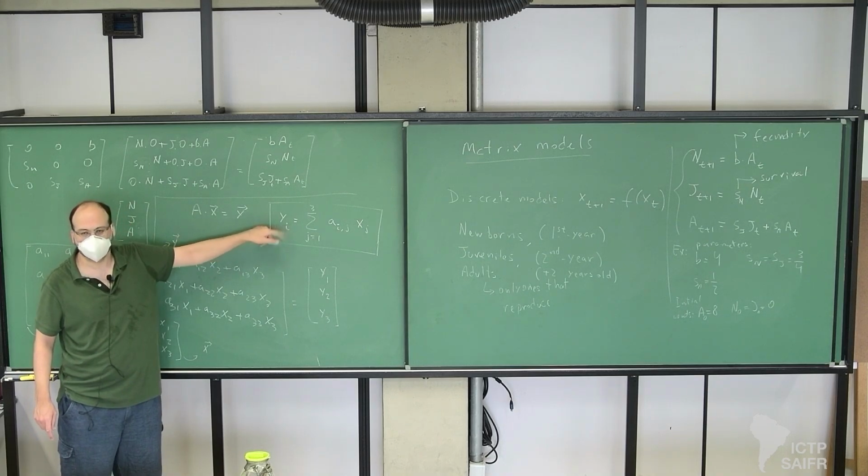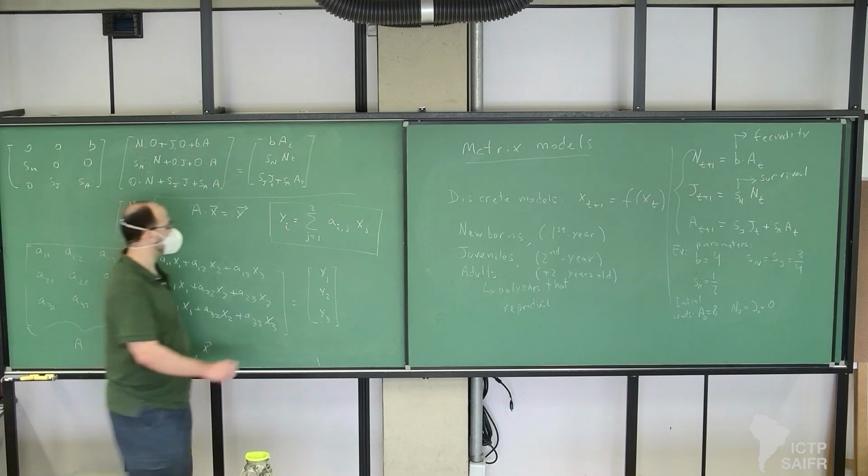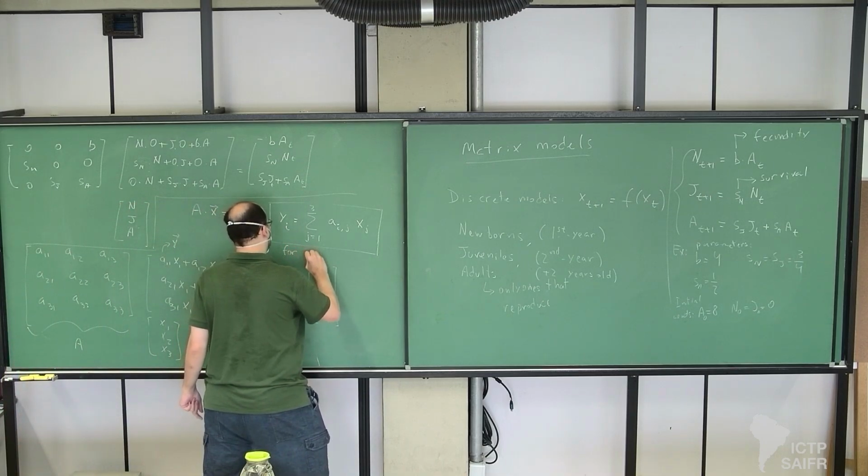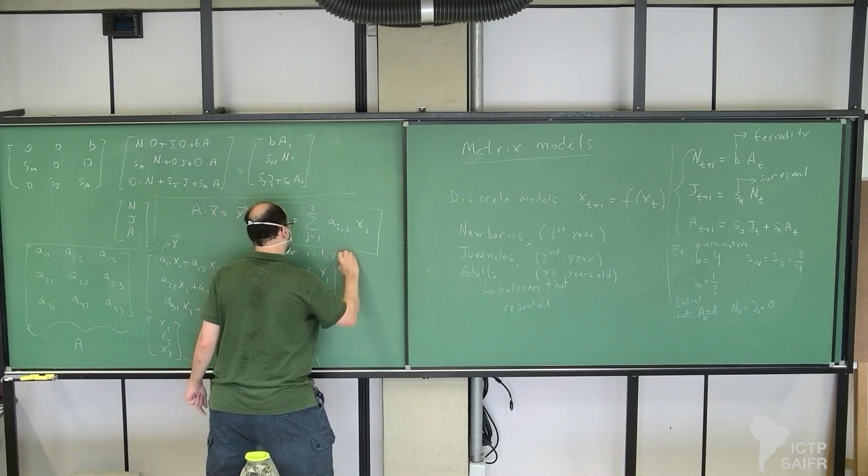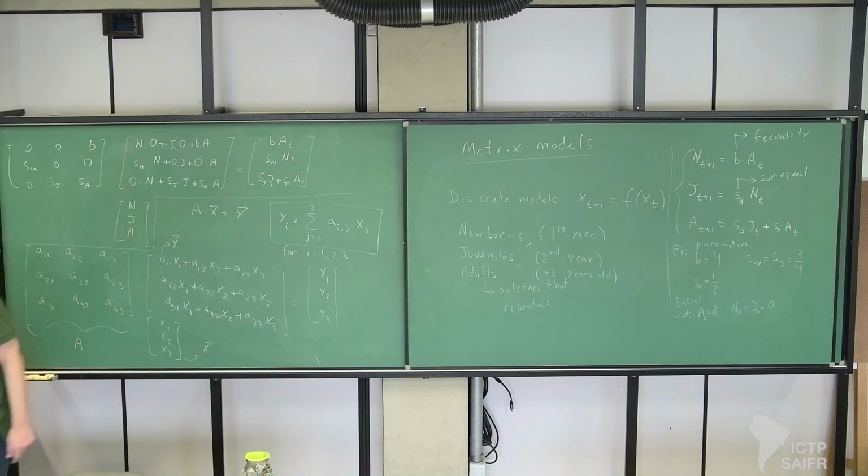So for i equal to 1, 2, and 3, yeah? Okay? Yeah, so this is a refresher on matrices, for products among matrices, okay? Good, yeah? Questions, comments?